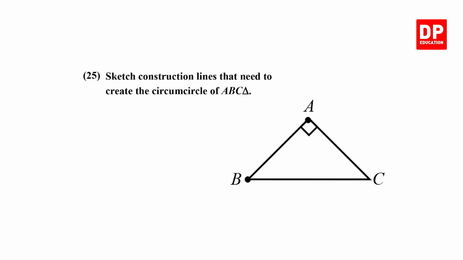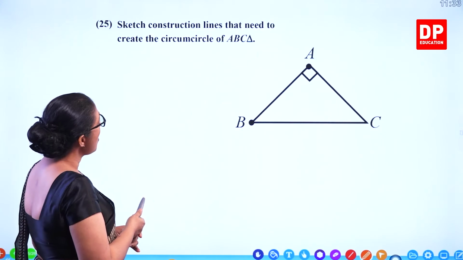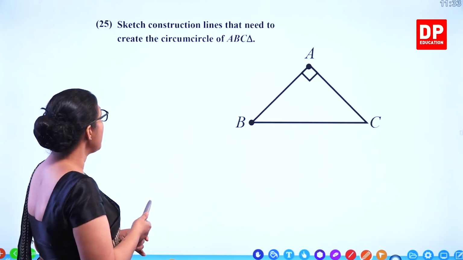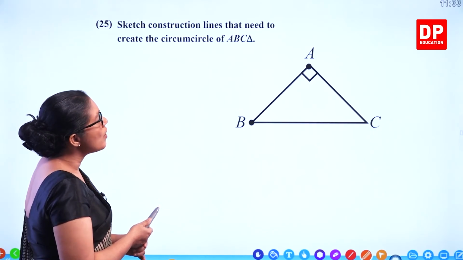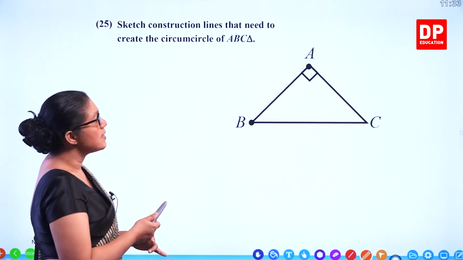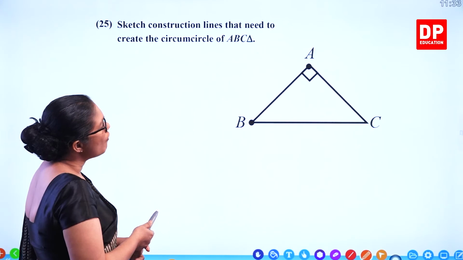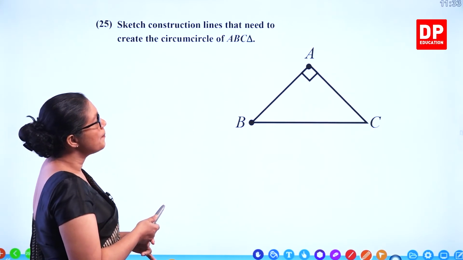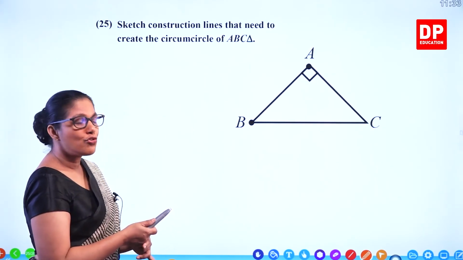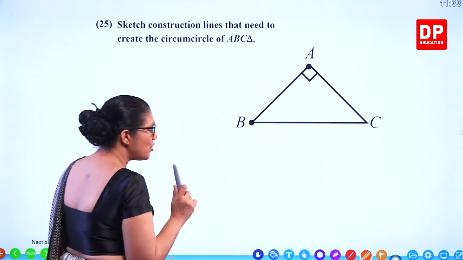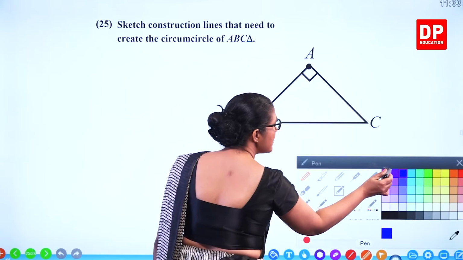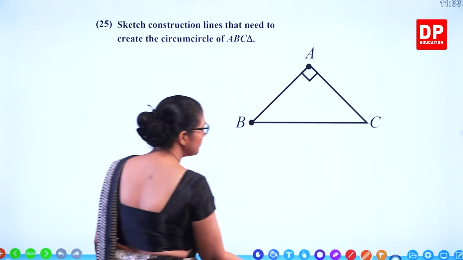Question number 25. Sketch construction lines needed to create the circumcircle of triangle ABC. So ABC is a right angle triangle. How do you find the circumcircle? You need to draw the perpendicular bisector. But can you remember, in the lesson we discussed this.